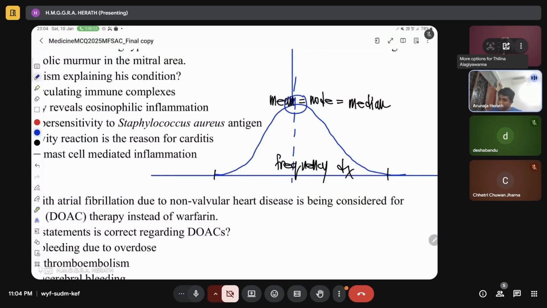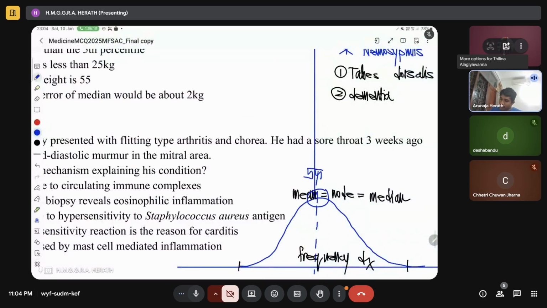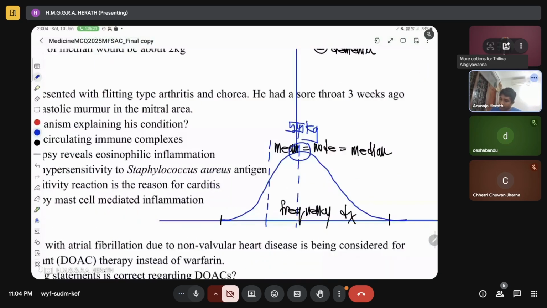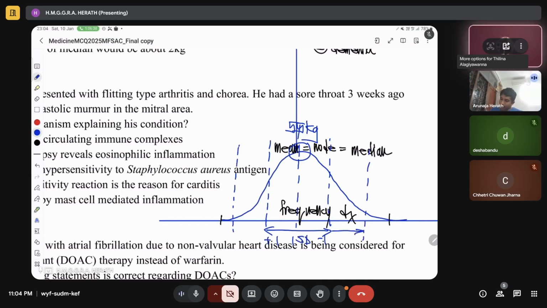Mean of 55, standard deviation of 10. You know that standard deviation means how much of the surface area is between one standard deviation, plus 65 again. How much is here? 60.